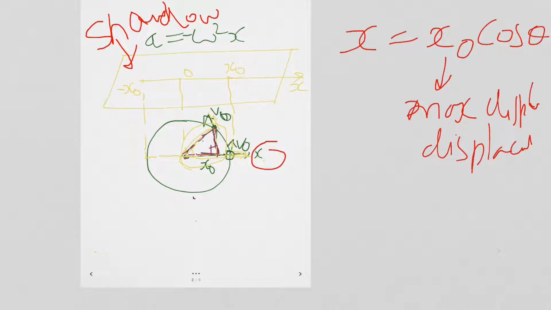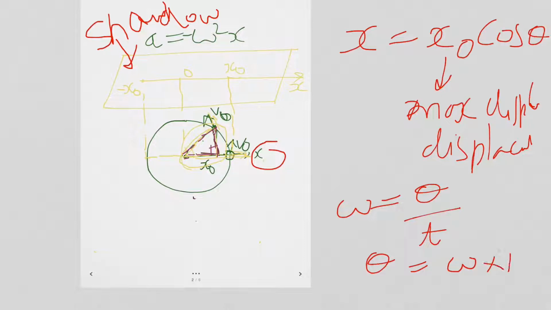Also you know that omega is given by theta upon time. So theta, the angular displacement or shift angle, is equal to omega into t. We can substitute this theta with omega t.